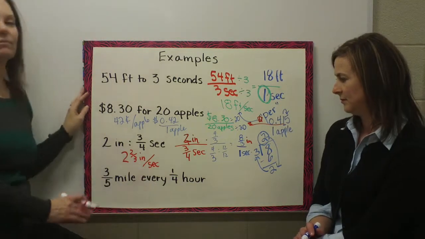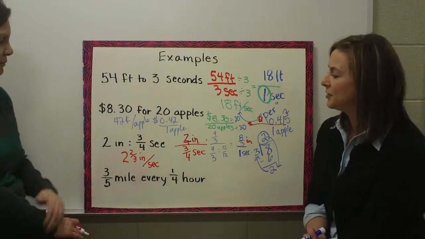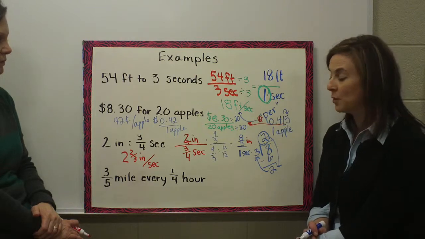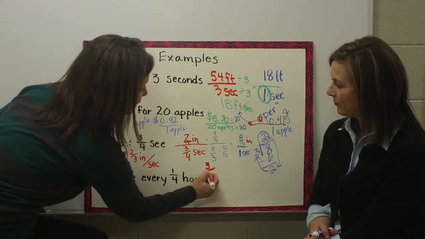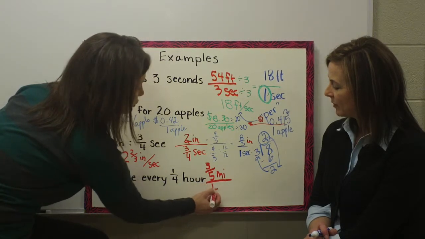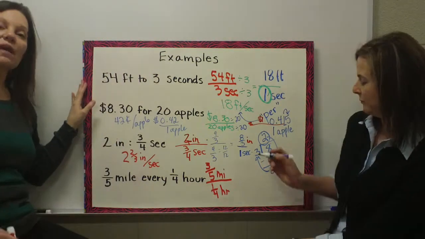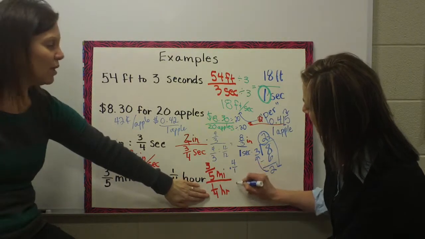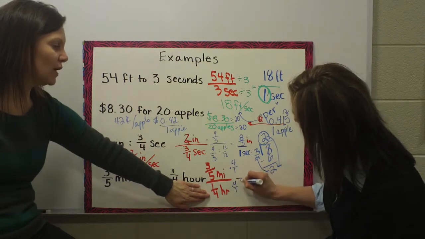In our last example on this page, we have 3/5 of a mile for every 1/4 or quarter of an hour. So when I rewrite this, I'm going to end up with a complex fraction, 3/5 of a mile to 1/4 of an hour. Every time we have complex fractions, remember to make our denominator 1, we're going to multiply by the reciprocal. The reciprocal is 4/1.